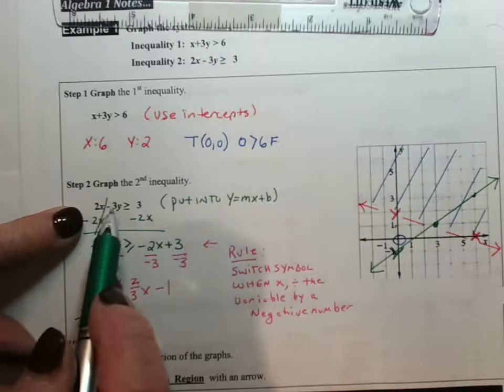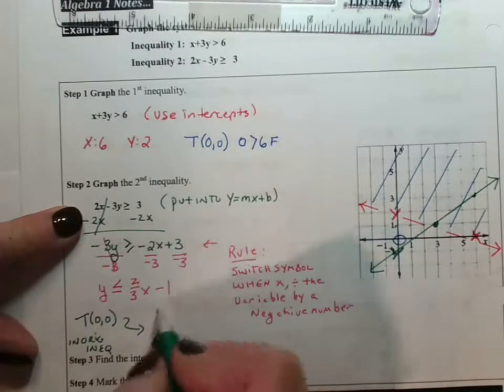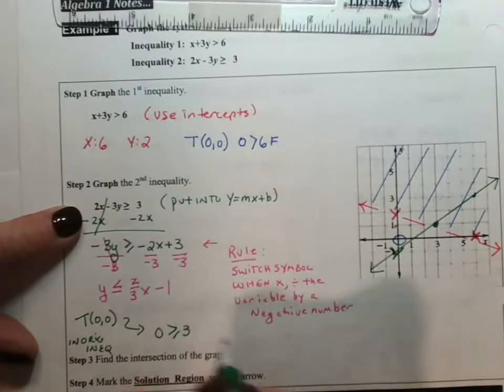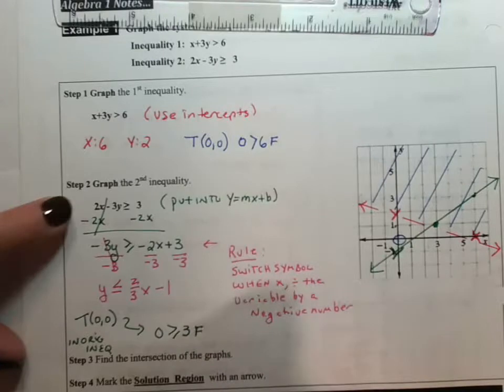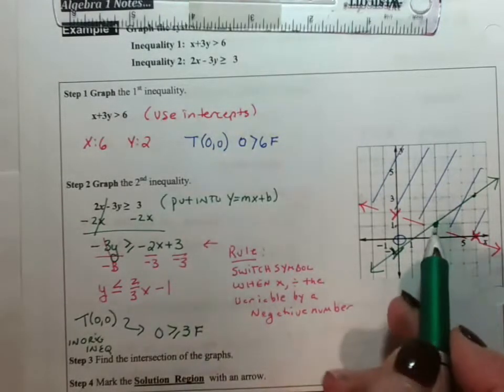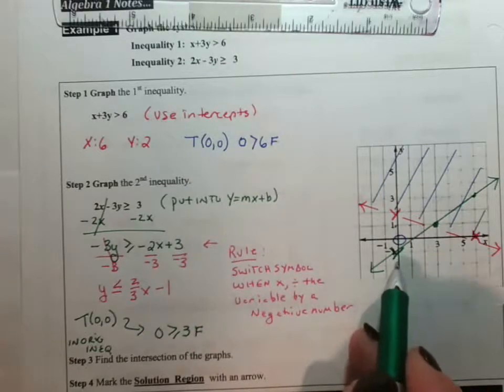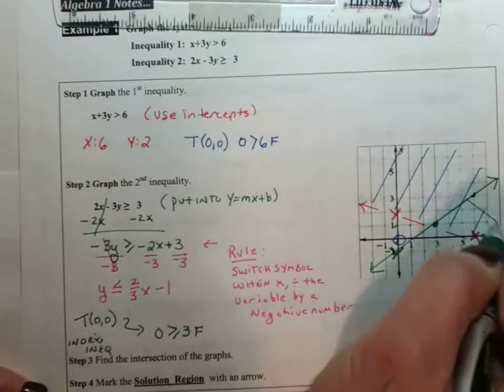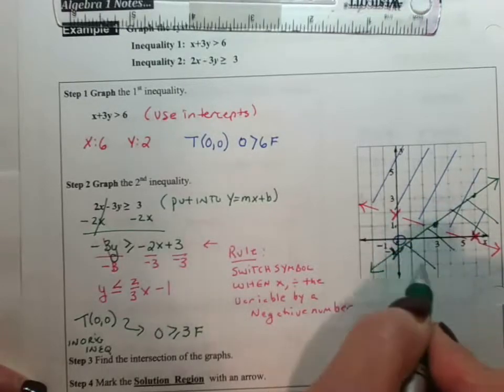If I put 0 here, 0 here, my left-hand side is 0, greater than or equal to 3. That's false. Okay, so that means that my solution region is not here. It is the bottom half of this line.